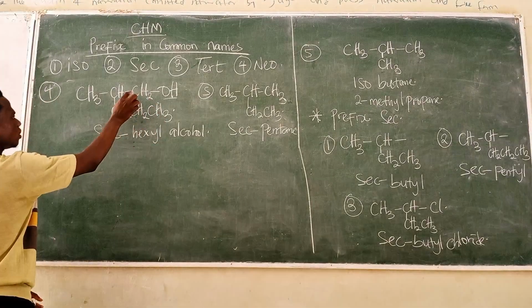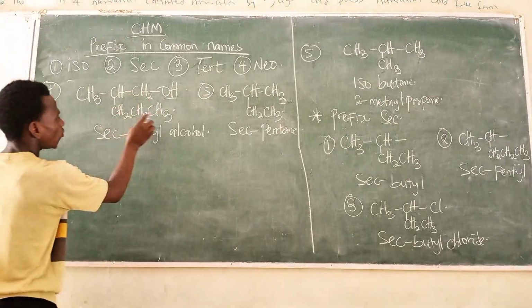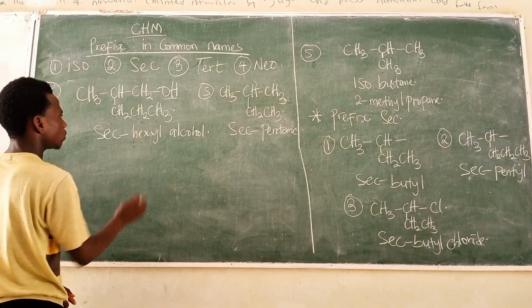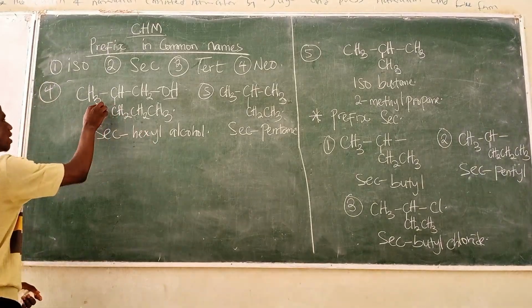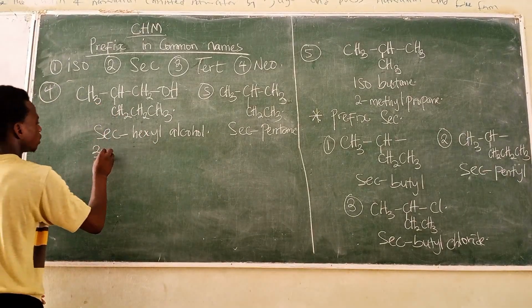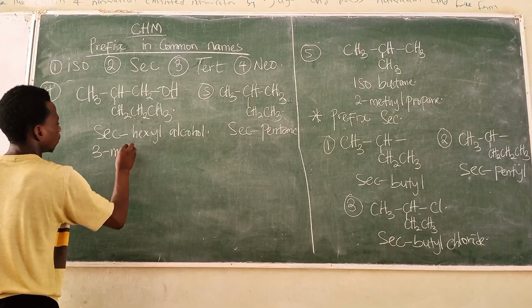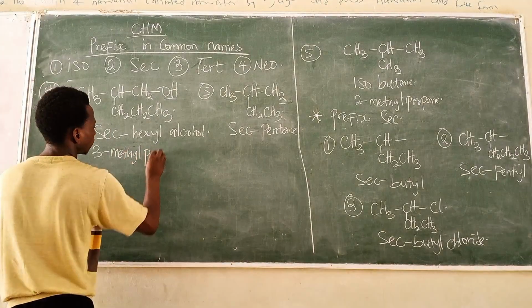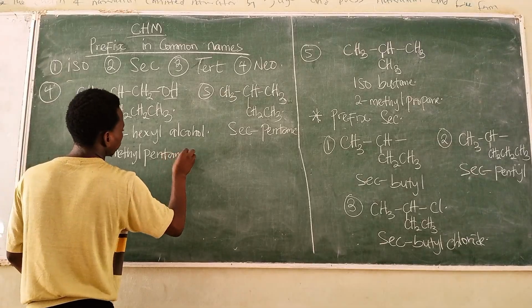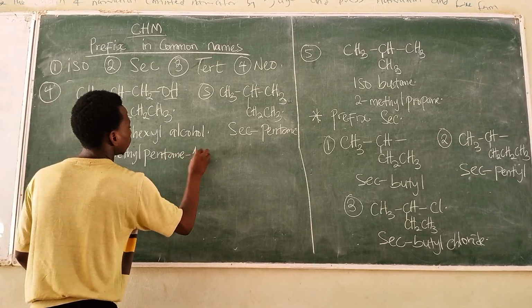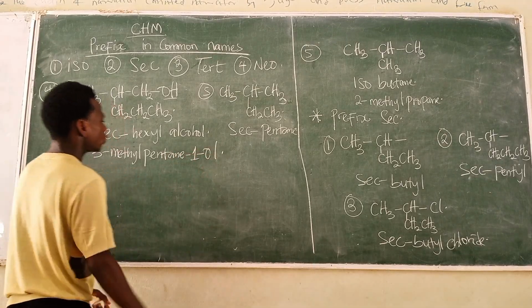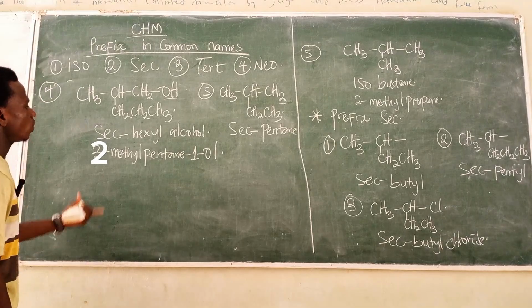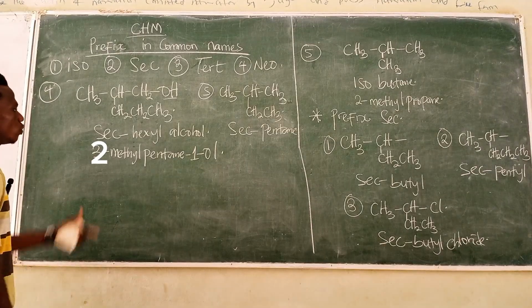So this is 1, 2, 3, 4, 5. This is the longest continuous carbon chain. So on carbon 3, we have a methyl. So this is 3-methyl, 5 carbon atoms, pentan-1-ol. So this is the IUPAC name of this particular structure.